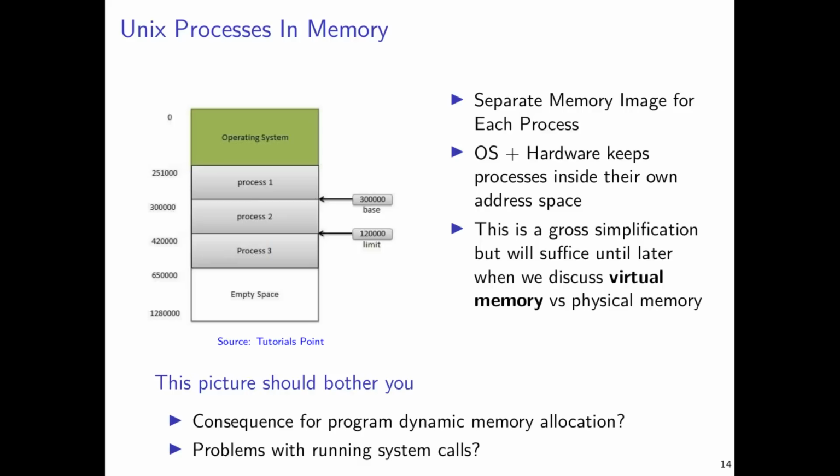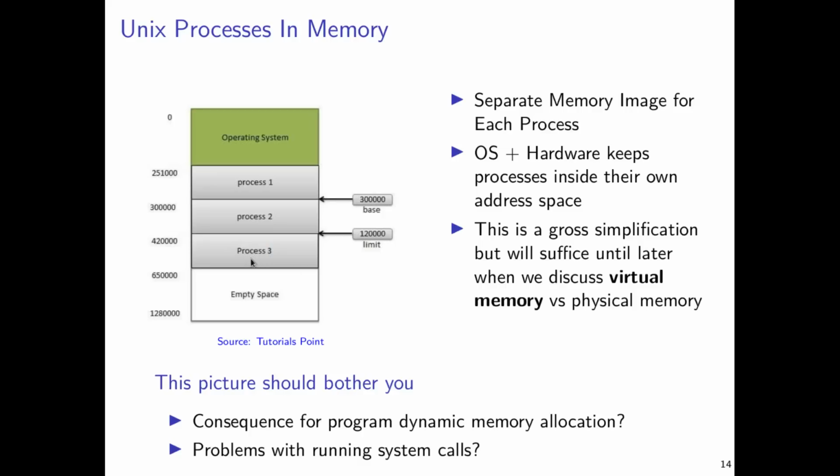The first is if there's a process layout like this, for instance, process 2 sandwiched in between process 3 and process 1, it's not clear at all, as you would allocate heap memory, how things would work out. For instance, if I wanted to keep allocating heap memory and got to 1 or 2 or 4 gigabytes for process 2, you would either, if you're growing the heap at the low end, bump up against process 1, or at the high end against process 3. So that'll need resolution, and the resolution will have to do with paging.